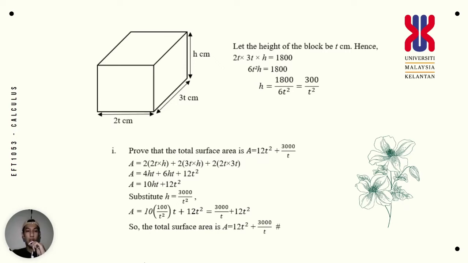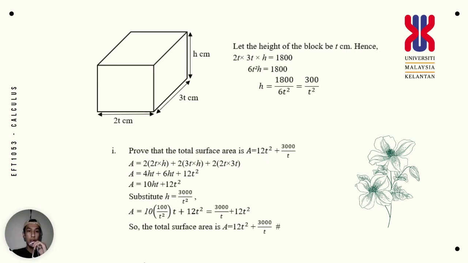The calculation is 2t times 3t times h equal to 1800, so 6t² h equals 1800, and h equals 1800 divided by 6t². We get the height is 300 divided by t².